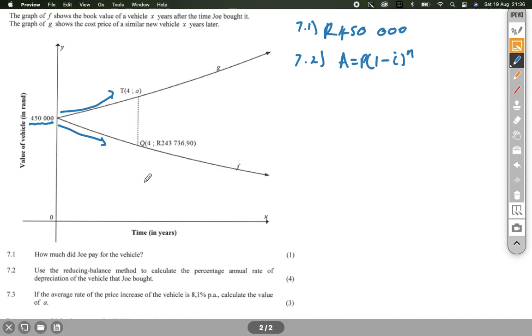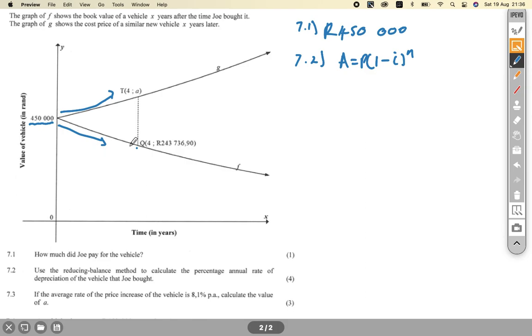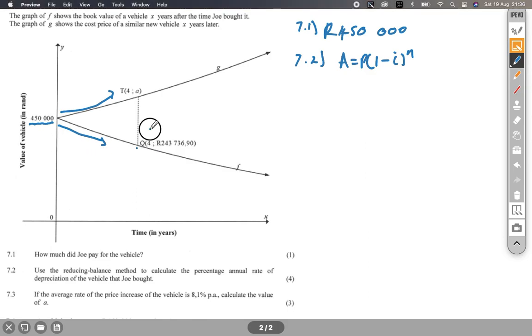If we look at this, this is the time in years and this is the value of the vehicle. So at 4 years, the value is 243,736.90. After 4 years, the car was worth this value.